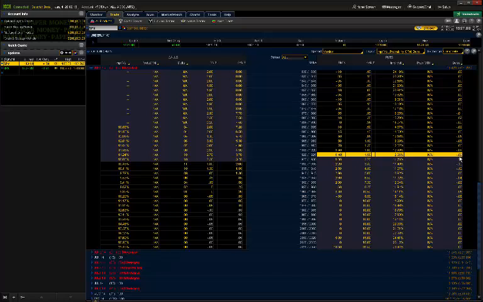And that's the point: we want both of these to expire worthless, because we're trading for premium. We're not necessarily trading directionally. We really don't care what the market does, except that it does not hit the strike price that we sold. And if it doesn't do that, it's going to expire worthless.